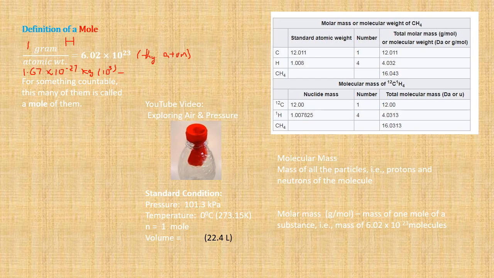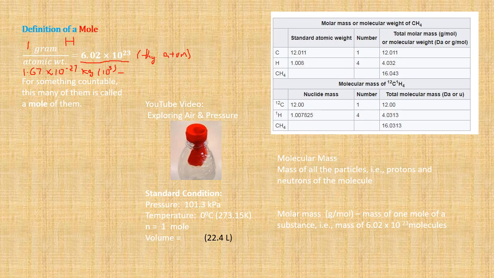Now I ask the question a little bit reversed. 1 mole, we call this number the mole number. How much does 1 mole of hydrogen weigh? How much does this number of hydrogen atoms weigh? The answer is 1 gram. Duh, you just made it that way, right?